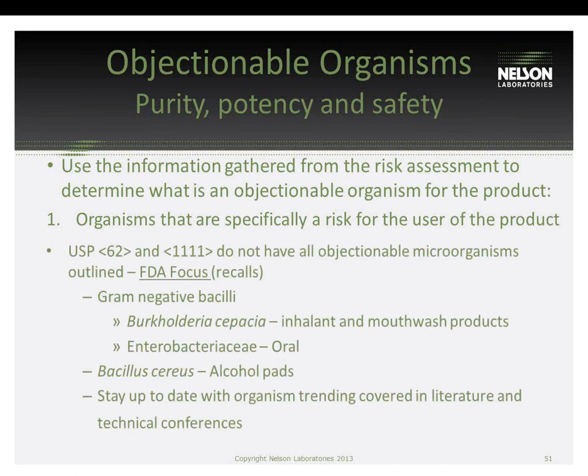and how it's used, as we covered, USP 1111 outlines the requirements by route of administration, but there was a paper done by Scott Sutton that looked at FDA recalls and showed that a lot of the recalls aren't due to the organisms that are actually listed in the tests in USP 62 or the suggestions in USP 1111.